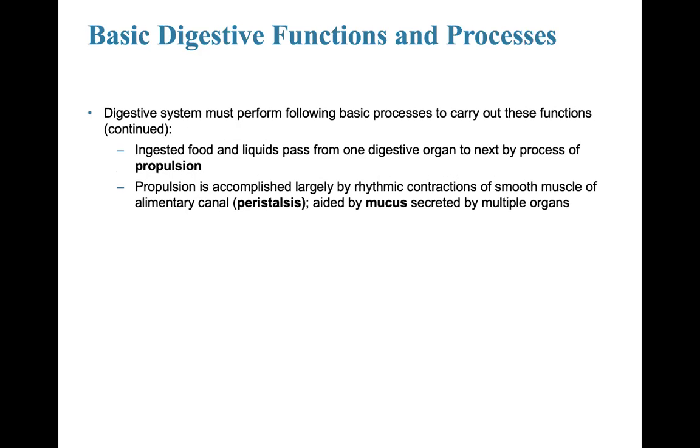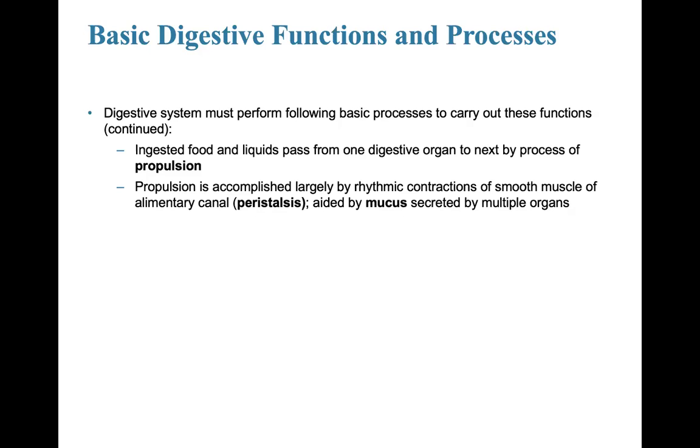The digestive system must also perform the function of movement. The food needs to be propelled or moved along the entire GI tract. Ingested food and liquids will pass from one digestive organ to the next by a process called propulsion.